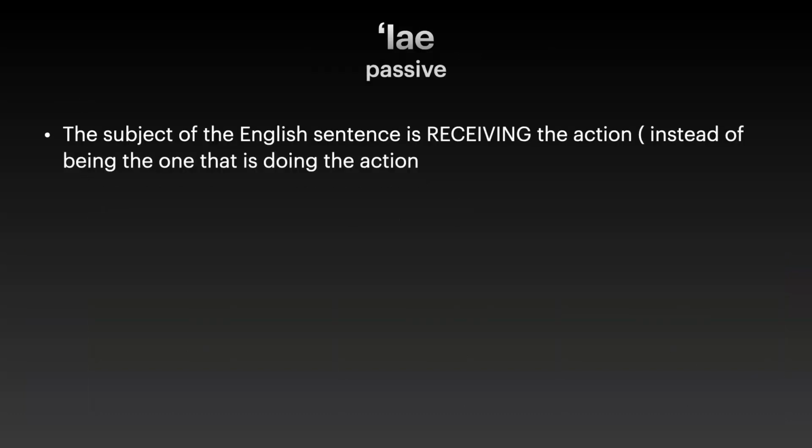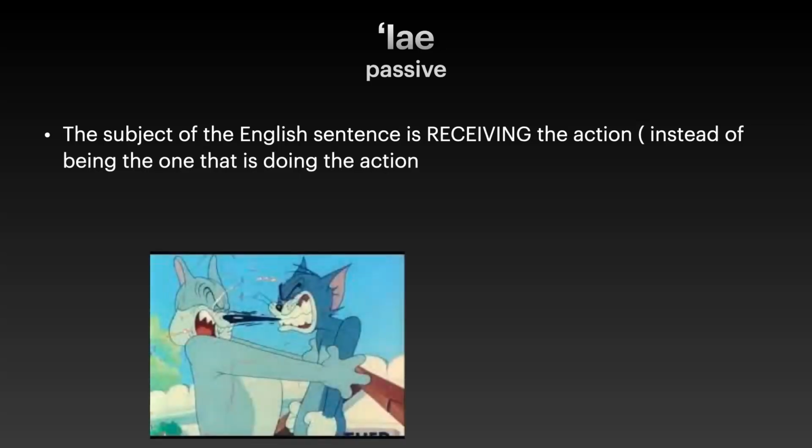Okay, so this sometimes gets equated to what we call the passive voice in English. Yeah, so basically what that means is the subject of the English sentence is receiving the action instead of being the one to do the action. Okay, so for example, if we have this photo and we say the cat bites the dog.